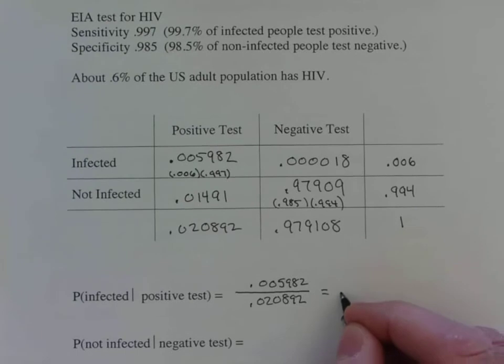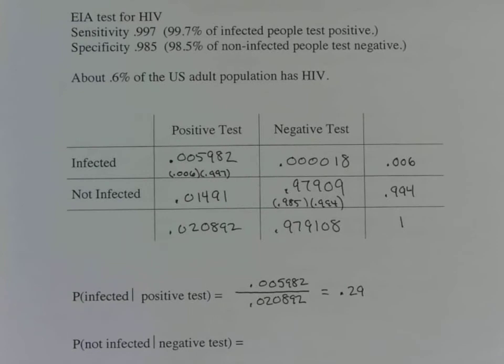And if you do the calculation, interestingly enough, you get 0.29. So the probability that somebody who has tested positive actually has an HIV infection is only 0.29. So then what do you do? Then you maybe go to further testing, or you try to go to maybe a more expensive and more sensitive test and try to refine your situation, really figure out, does this person actually have the infection or not.